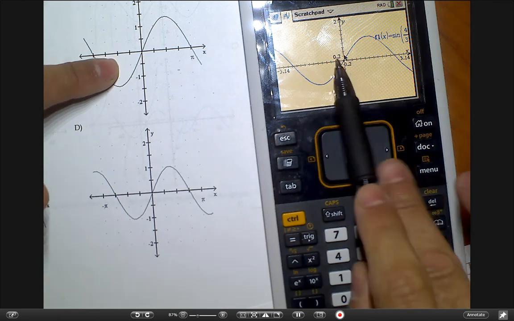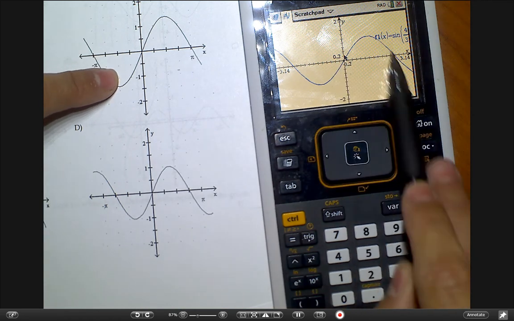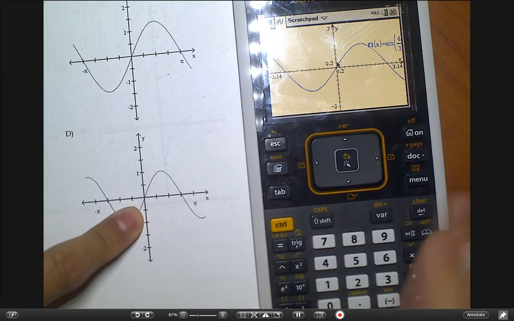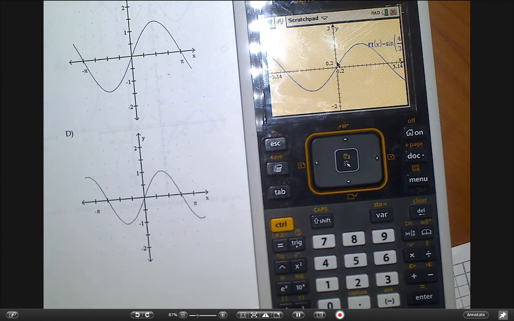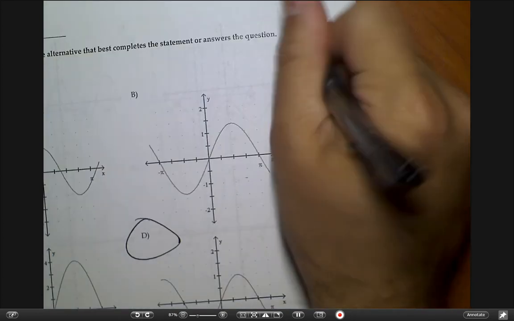So if I'm looking at my graph, pi is way over here, isn't it? So this actually goes down below. This one right here, you could actually just match it up. So the answer has to be D. That's really easy. But you really don't even have to do any of that. You can just cancel out the answers that aren't it.